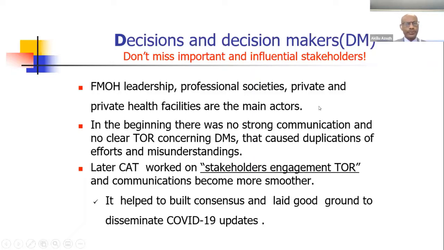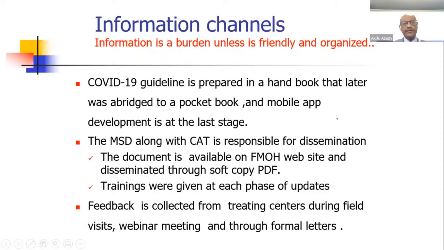When we come to information channels, information is really very important in its content and also in the whole loop of the information management process. That means the dissemination as well as getting feedback and then incorporating information appropriately.